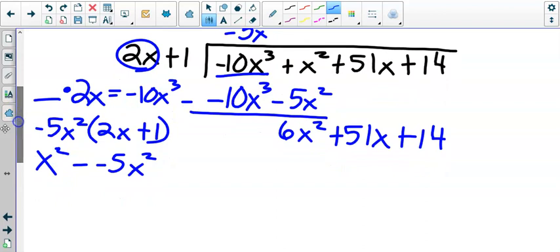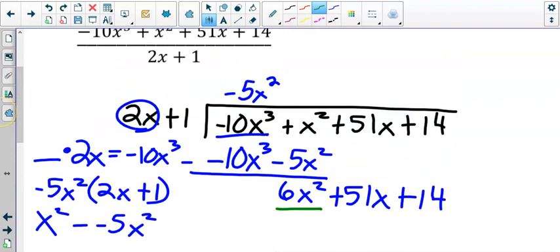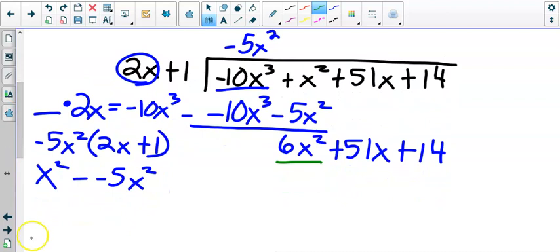So now we have a new number we want to get rid of. So we need to think to ourselves, what times 2x will give us 6x squared? Positive 3x, I agree. Positive 3x.